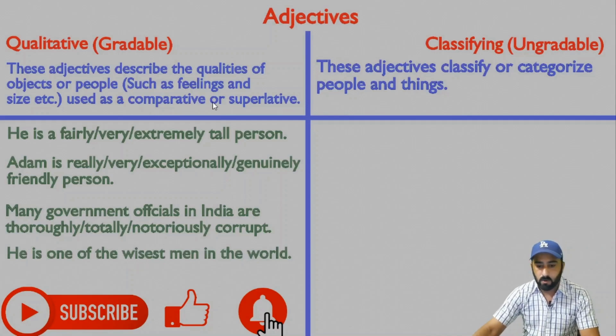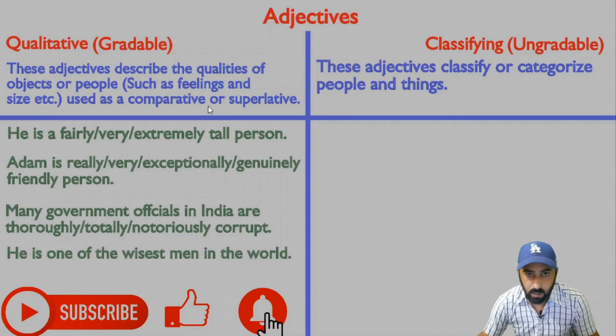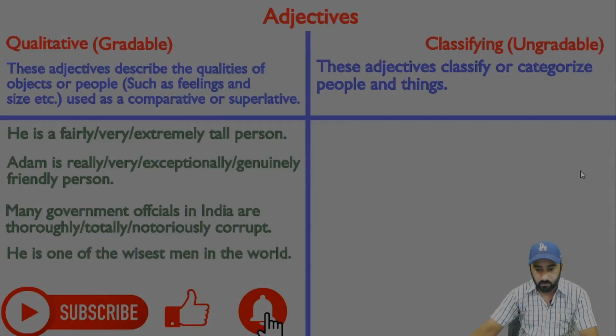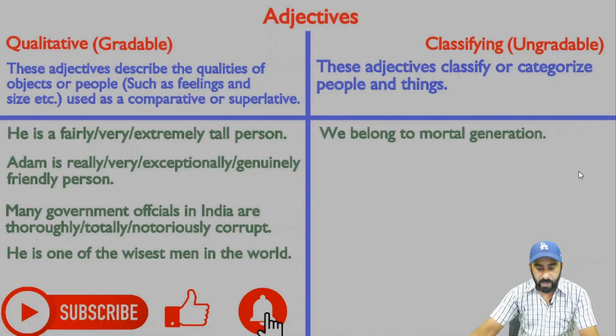Now let's move on to classifying ungradable adjectives, and we will see some examples to make them accurate in your language. Okay then. So we have one example of our classifying adjectives. We belong to the immortal generation. Here, mortal is an adjective, and generation is a noun.